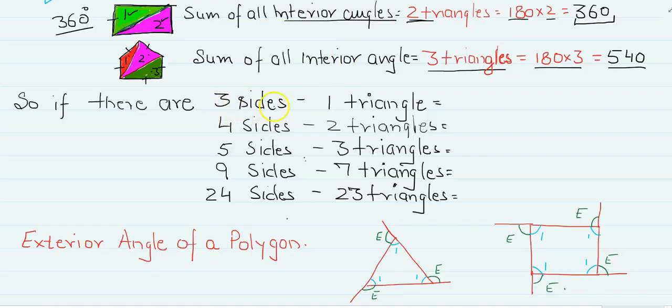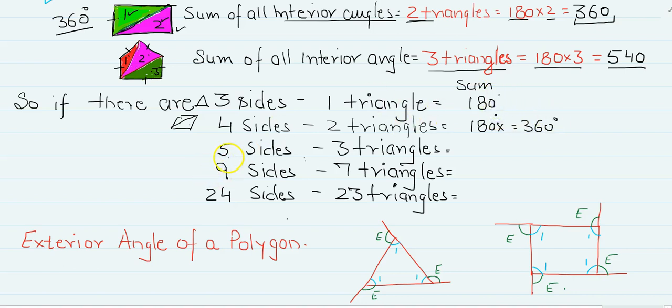As I told you, 3 sides have 1 triangle, so the sum of all interior angles will be 180. If there are 4 sides, there are 2 triangles, as I told you here, so it will be 180 times 2, that is 360 degrees.